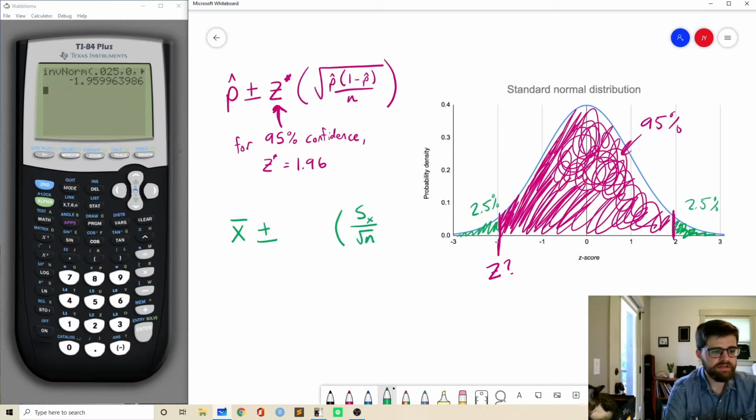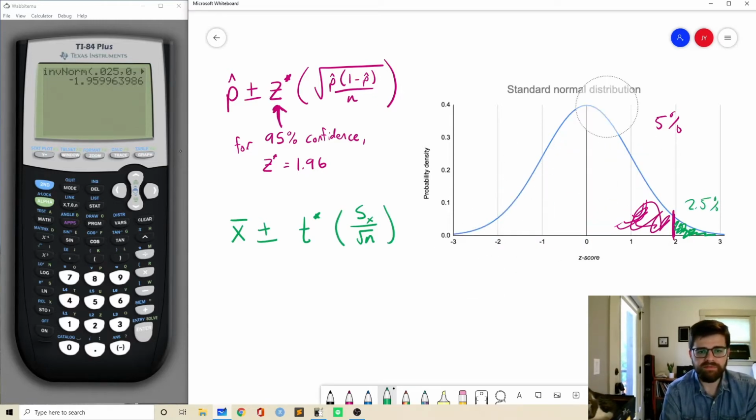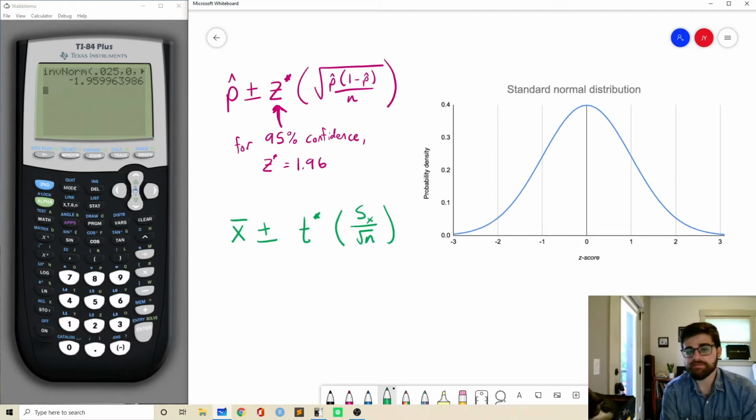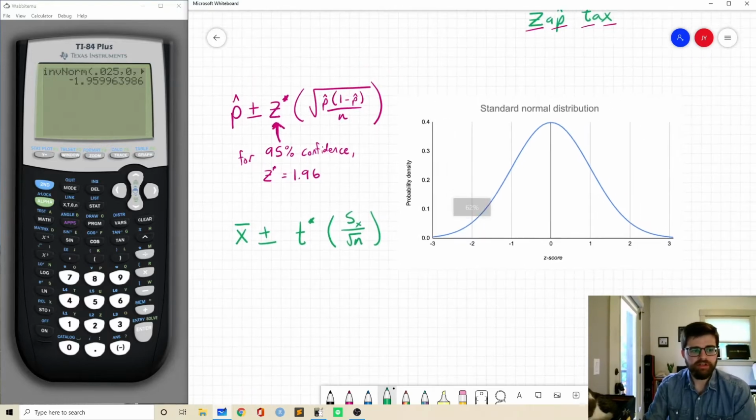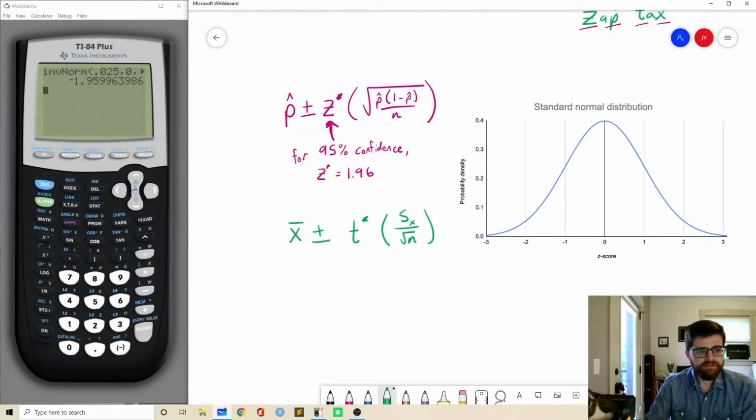It looks like this: standard deviation divided by the square root of the sample size. We're also going to have a different critical score. So instead of z, we're going to use a t-score. This doesn't come from the distribution of z's, it comes from the distribution of t's, which is a slightly different distribution, which is better at capturing the variability that we see in sample means.